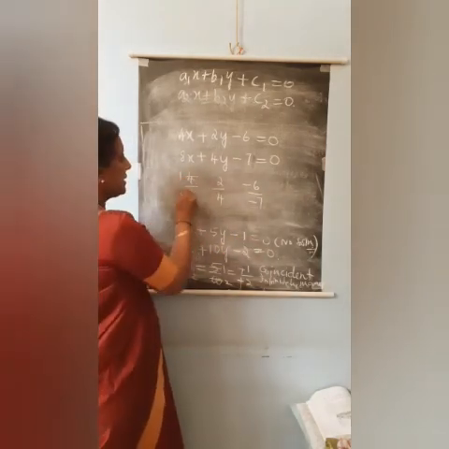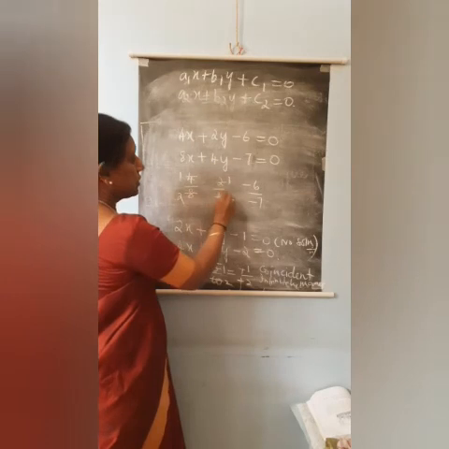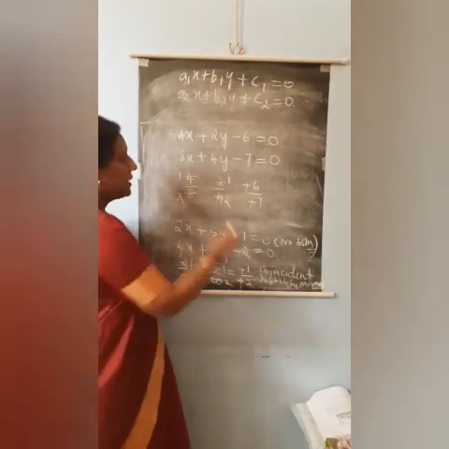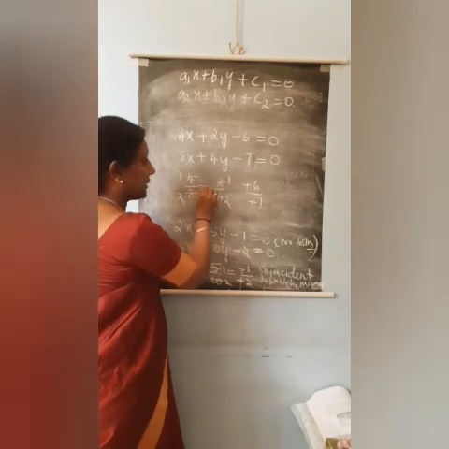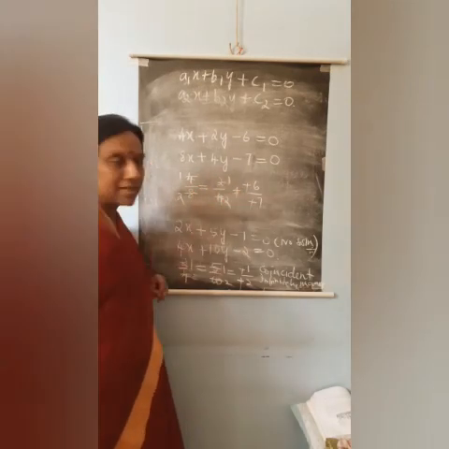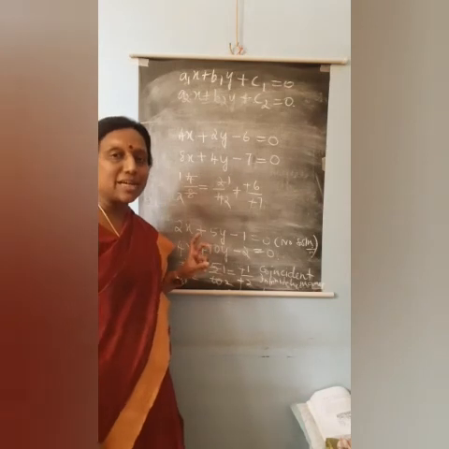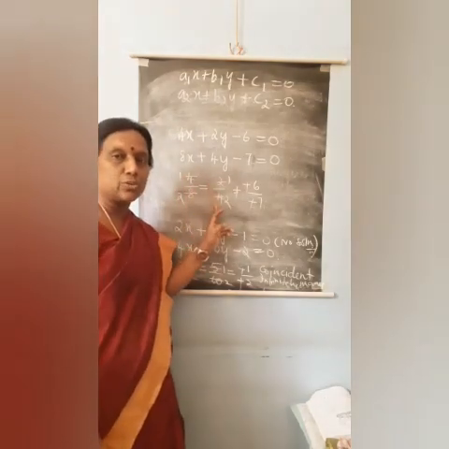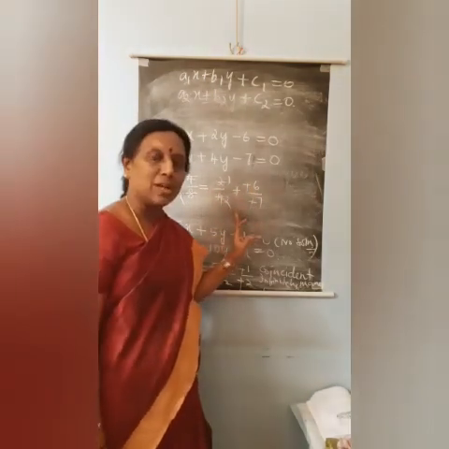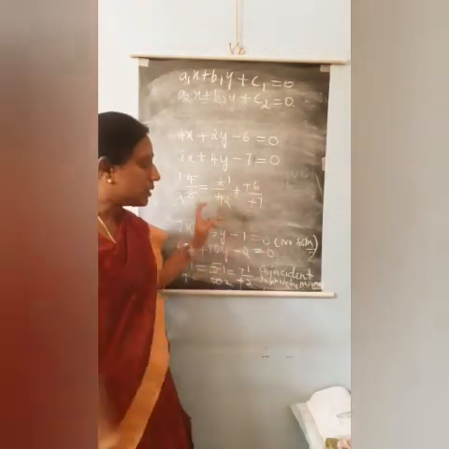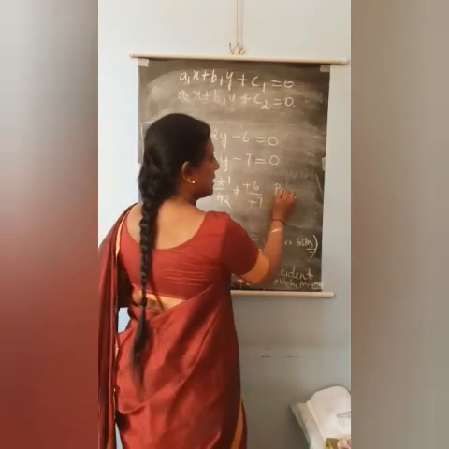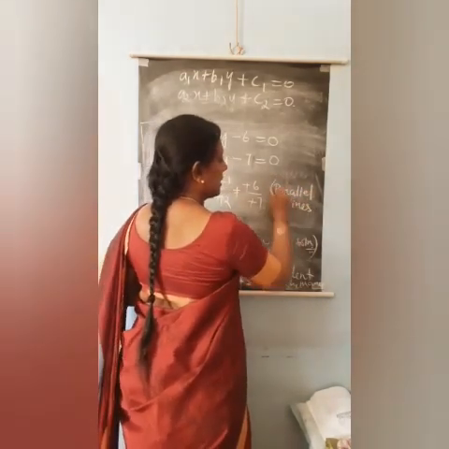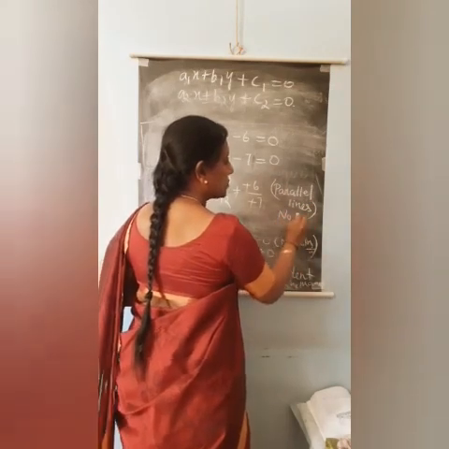Now, when I cancel, I will get 1 by 2, 1 by 2 and this will be 6 by 7. So, what happens? These two are equal and this is not equal. So, what's the condition I am getting? a1 by a2 equal to b1 by b2 not equal to c1 by c2. So, what kind of lines will they represent? They will represent parallel lines and they will have no solution.